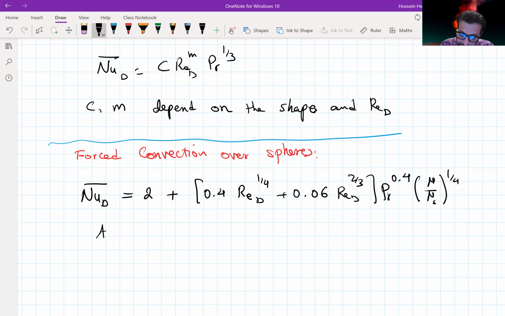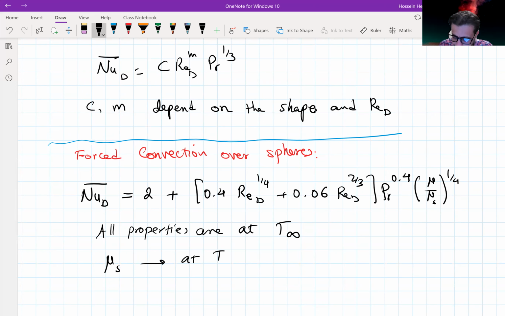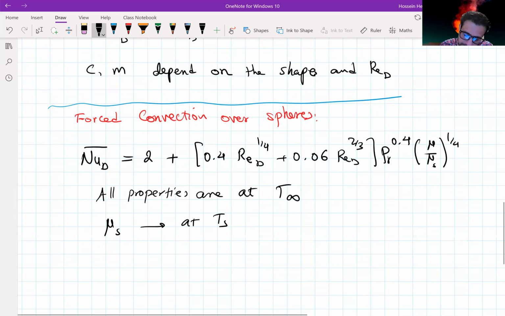Now, all properties are at T infinity. Mu_s is the fluid viscosity evaluated at T_s conditions.